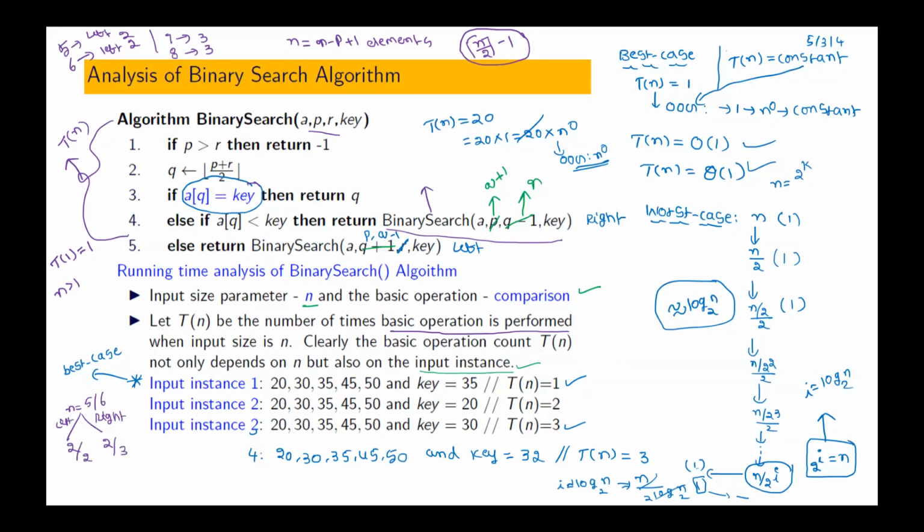If n equals 7, left side 3, right side 3. If n equals 8, left side 3, right side 4. Now can you tell me the number of elements on the left side and right side? You can generalize, no.